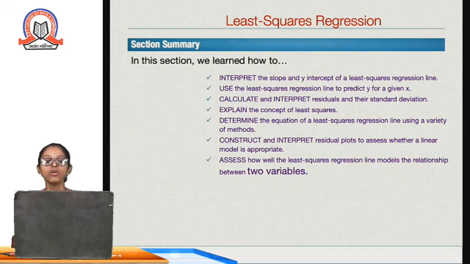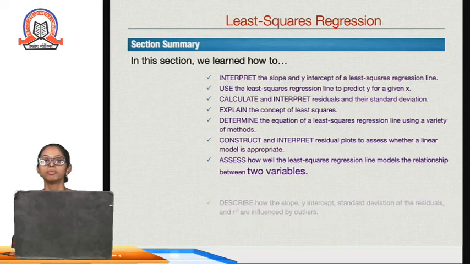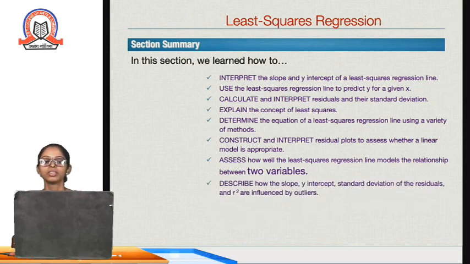We also learned to assess how well the least squares regression line models the relationship between two variables, and to describe how the slope, y-intercept, standard deviation of the residuals and R-squared are influenced by outliers.